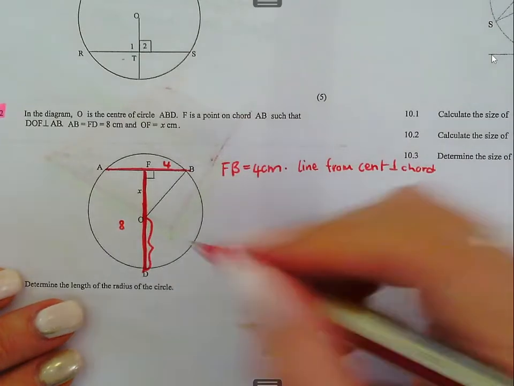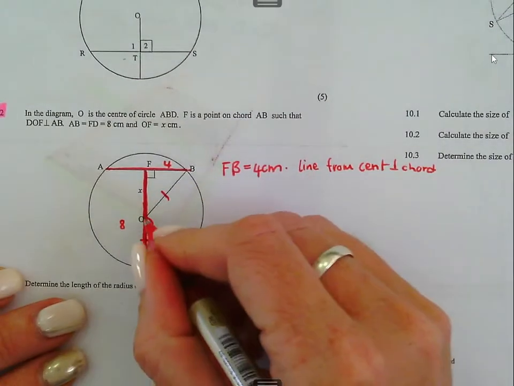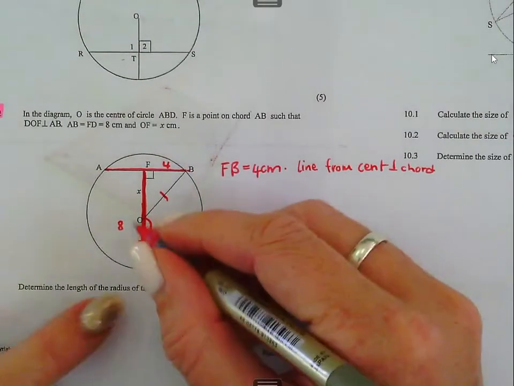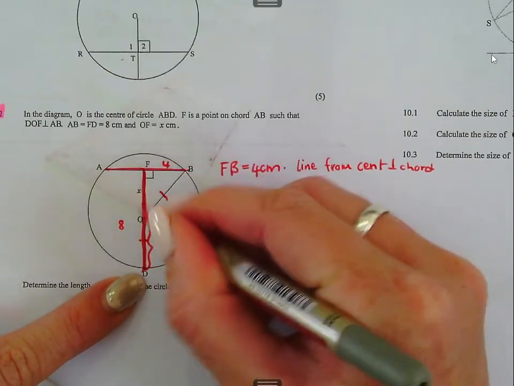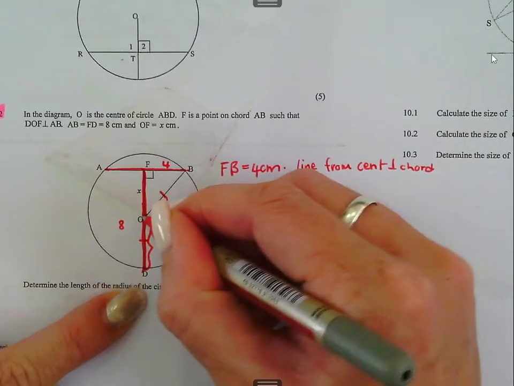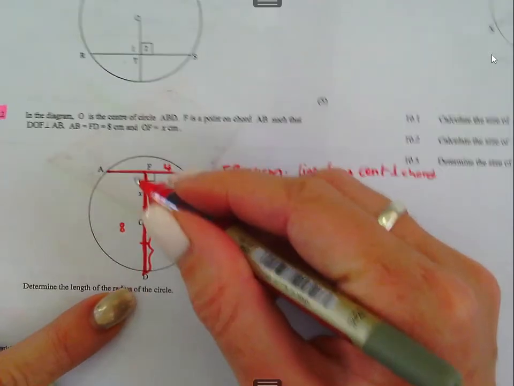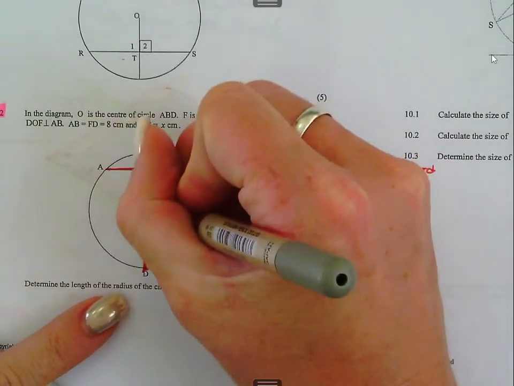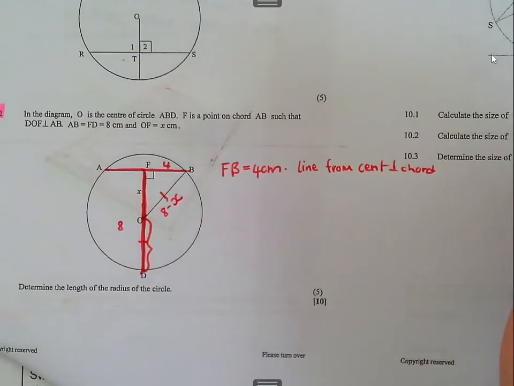And now do you agree with me this is radii, which means then I have OB as well. If this whole length is 8 and from F to O is X, what is the length of OD? 8 minus X. Do you understand that? This side is 8 minus X. And now I can do Pythagoras.